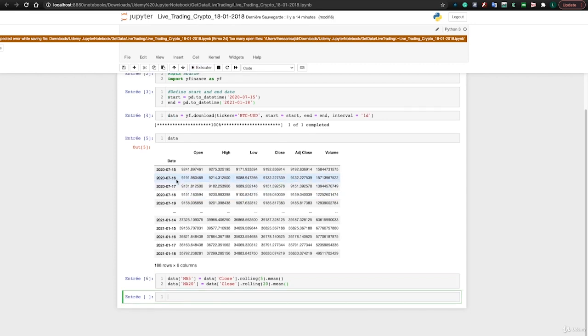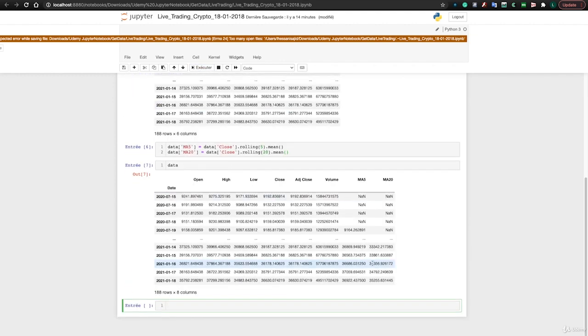Now if we execute and take a look at the data, perfect. As you can see, after 5 days you're going to have a value for the MA5 but not for the MA20, because it's the average of the last 20 days.